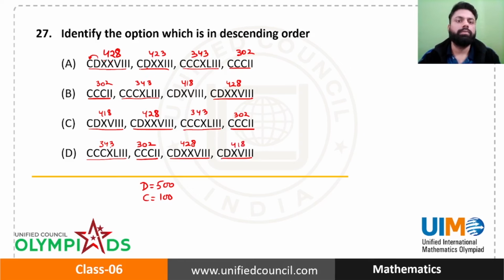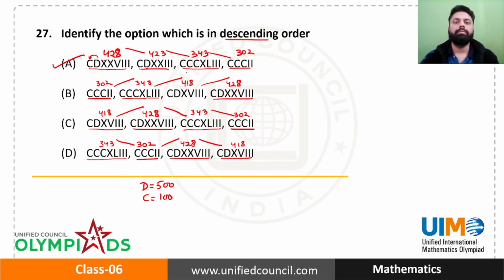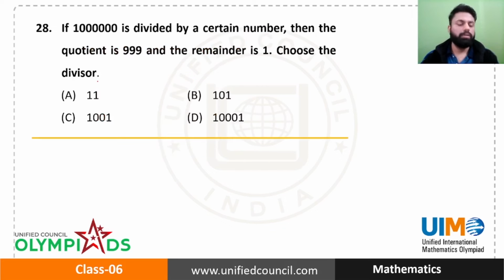Descending order is 428, 423, 343, 302. In this case, the value is increasing, then increasing, then increasing. In this case, the value is increasing, then decreasing, and then decreasing. In this case, the value is decreasing, but then increasing, and then decreasing. Descending order is a decreasing order. Declining. A option.